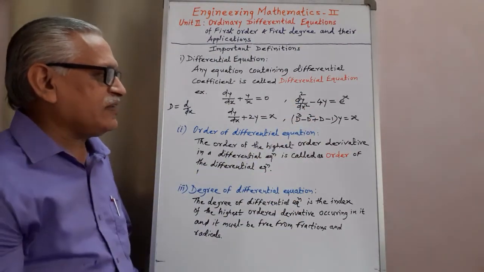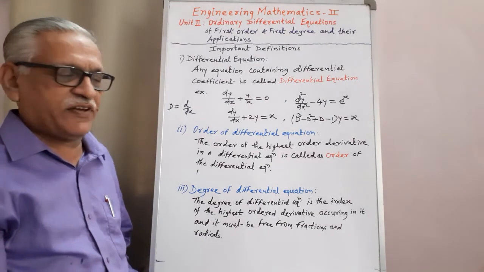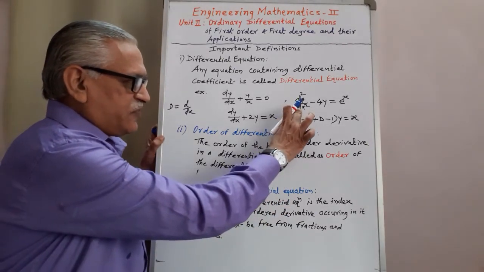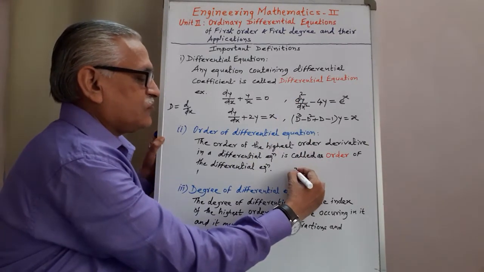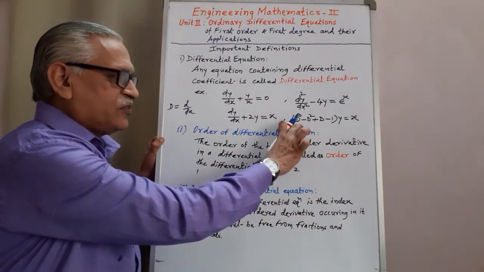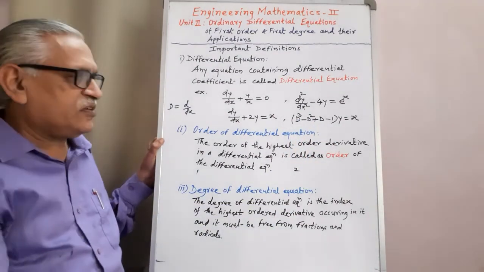In the third example, equation containing second order derivative as the highest order derivative. Therefore, the order of this differential equation is 2. In the fourth example, there are 1, 2, 3 terms of derivative.